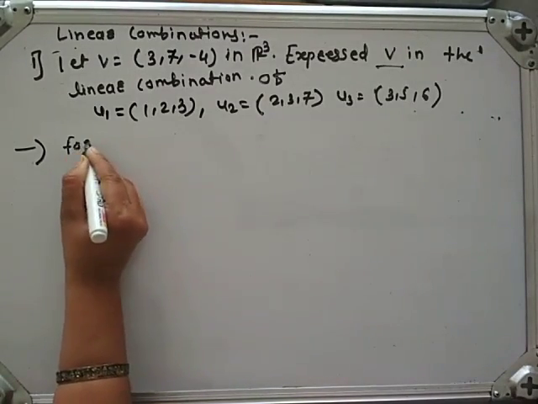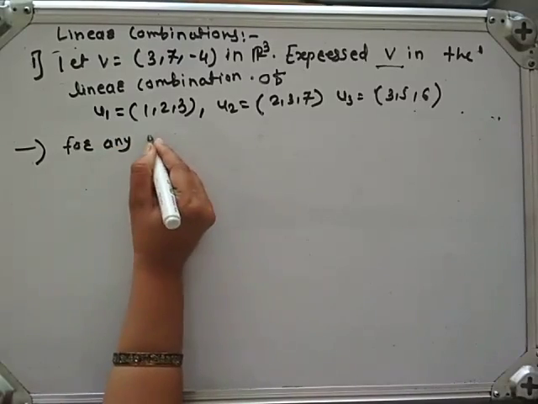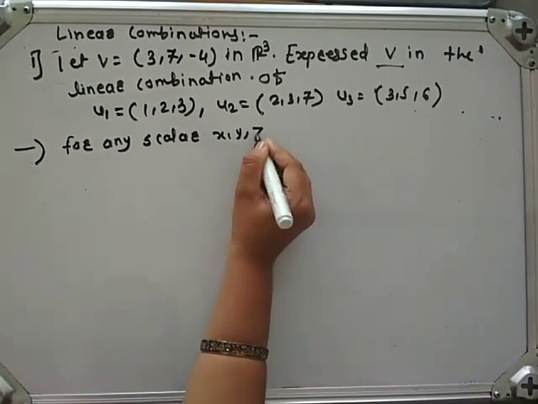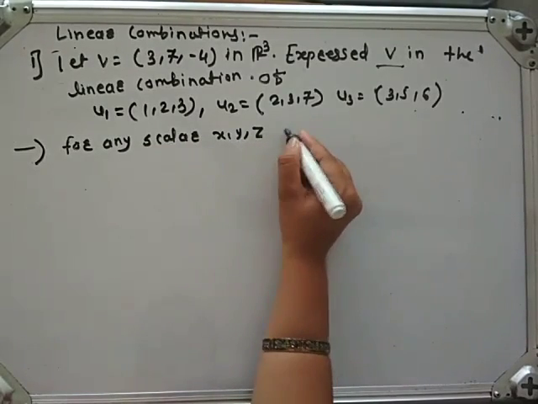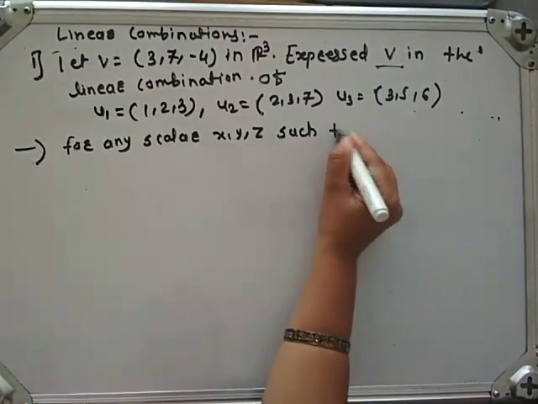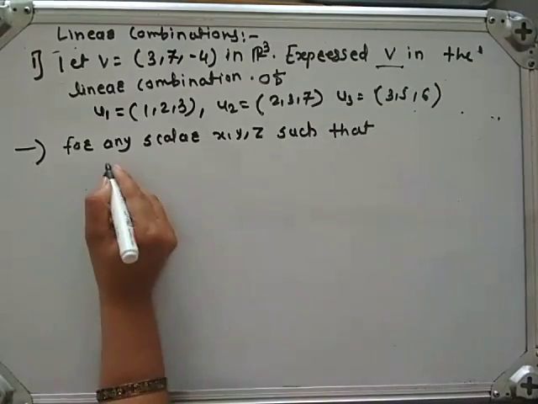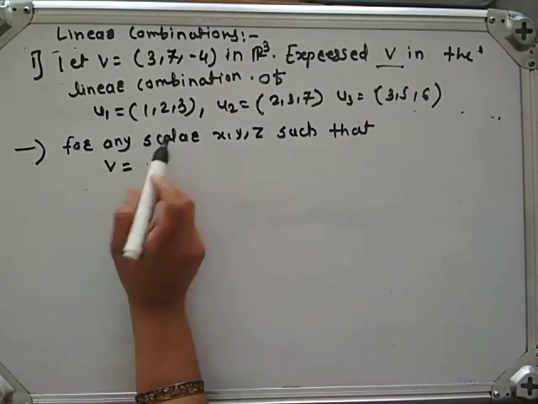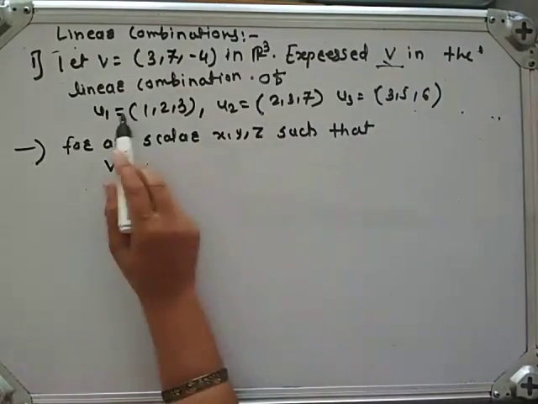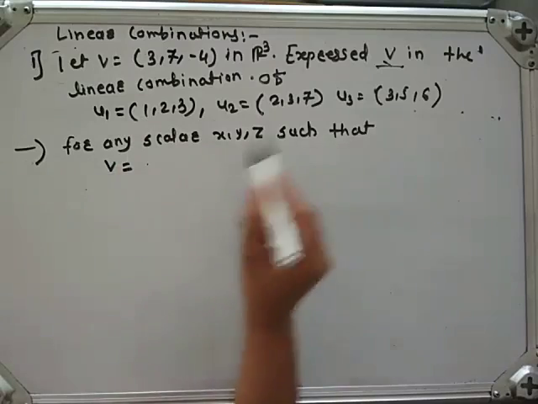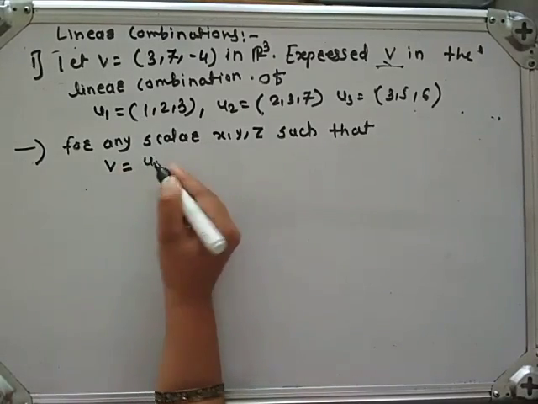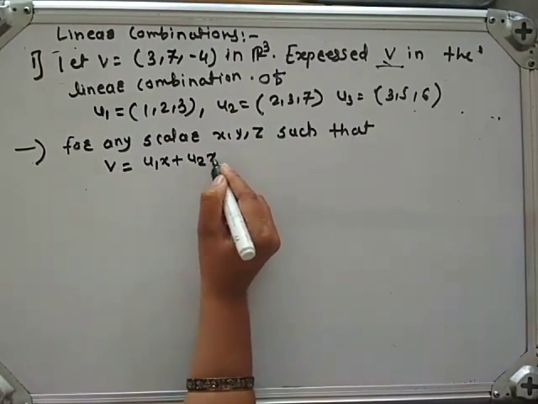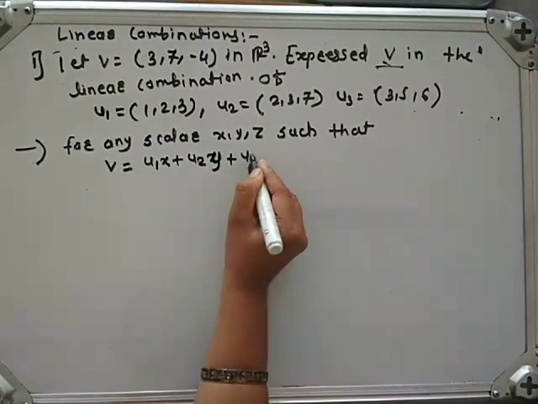Therefore, for any scalars x, y, z such that V is equal to, we have to express V in linear combination of u1, u2, u3. Means it is nothing but u1 into x plus u2 into y plus u3 into z.